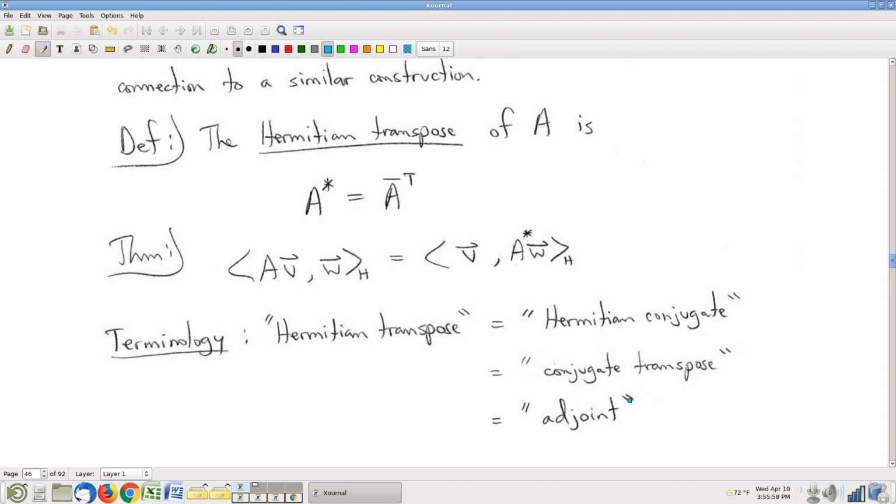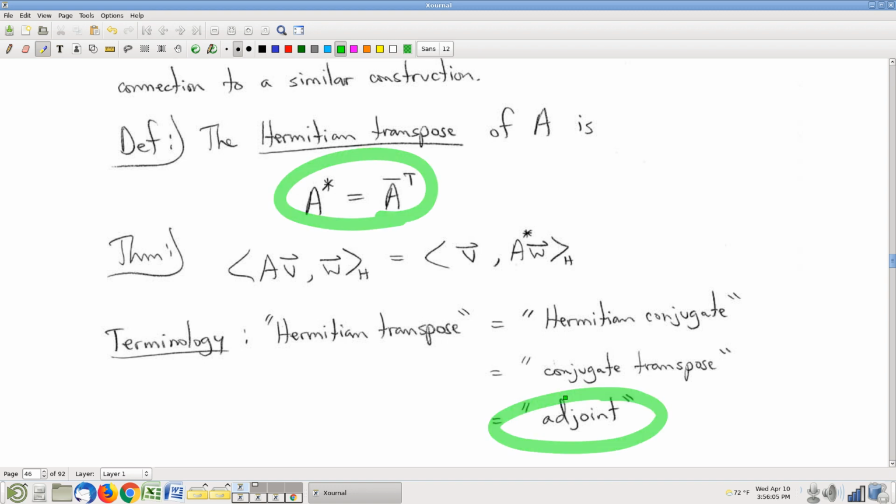Another bit of terminology you should be aware of. This formula here is also very often called the adjoint. It gets used in other contexts, sort of variations of this. And adjoint is a little bit of an easier word. It's fewer syllables, if nothing else. Now, don't forget, back in chapter 1 there was another thing that our book called the adjoint.